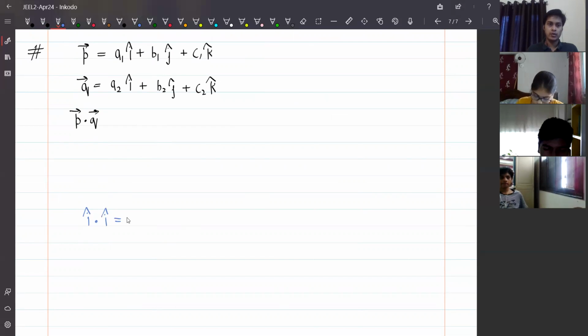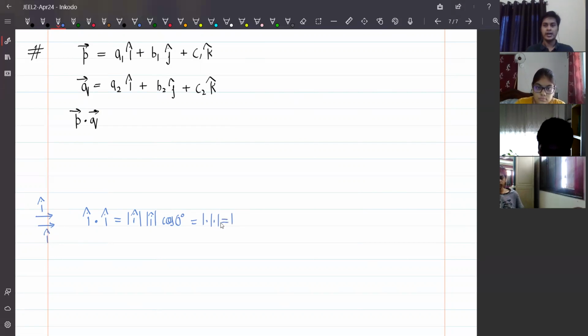Now I dot I, if you want to write, that is mod of I into mod of I into the angle between I and I, which is 0 degrees, because both I vector and I vector, that is I cap and I cap, are in the same direction. Mod of I is 1, mod of I is 1, 1 into 1 into cos 0 is 1. So I dot I is 1.